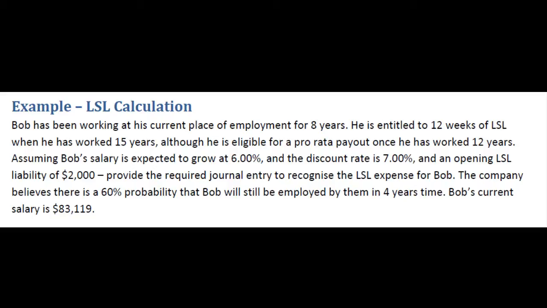So at time 12, there is potentially going to be some sort of outflow, and that's when the company is first obligated. Time 15 is when they're fully obligated, and obviously if he keeps working, that number will grow. So time 12 for us is the critical one. Time 12 is the time when the company has an obligation.